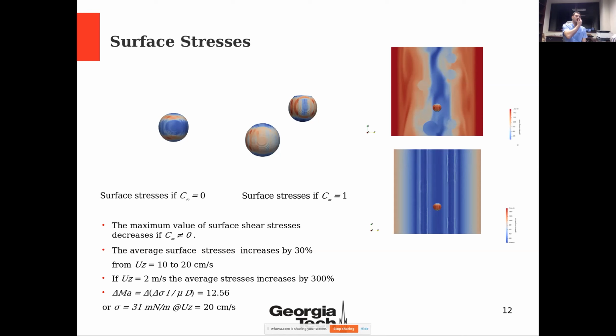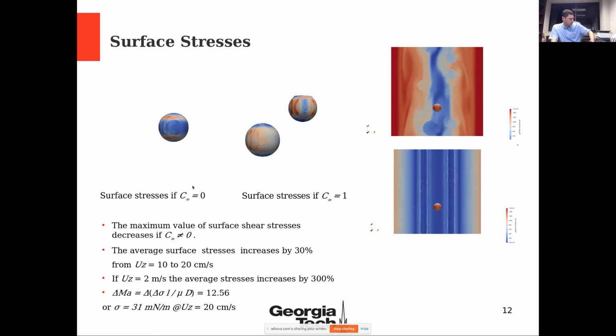That should be considered in our design when we put in bubbles, to avoid flocculation in our cases. At the bottom, this is the distribution. You see the wall shear stress and the stress on the bubble are at the same level. So the interface acts very much like a solid wall.